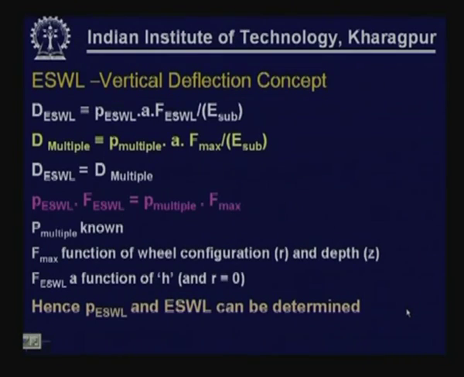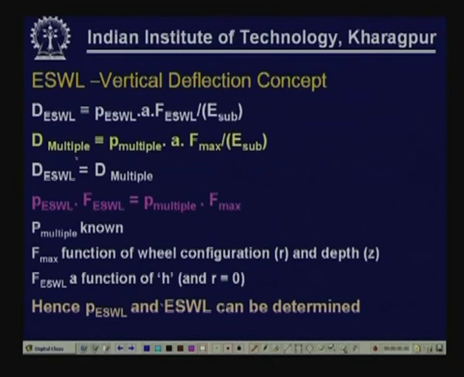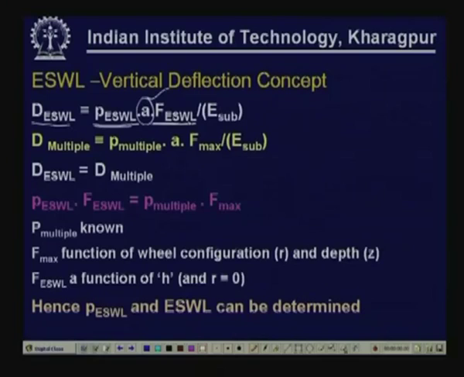So, as you can see here, the deflection produced by an equivalent single wheel load is equal to the pressure of the equivalent single wheel load, times the load radius a, which is equal to the load radius of any one of the loads in the given system, and then the deflection factor applicable for the equivalent single wheel load, divided by the modulus value of the subgrade.